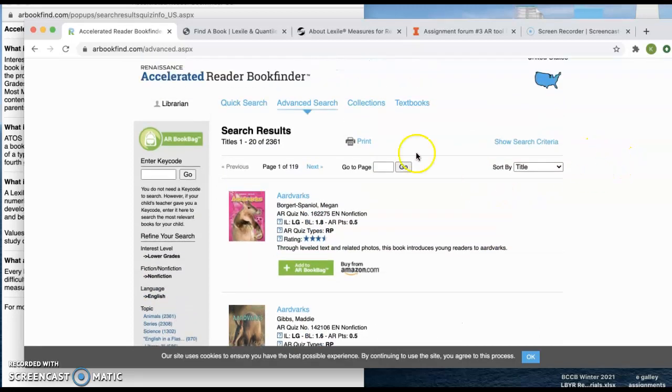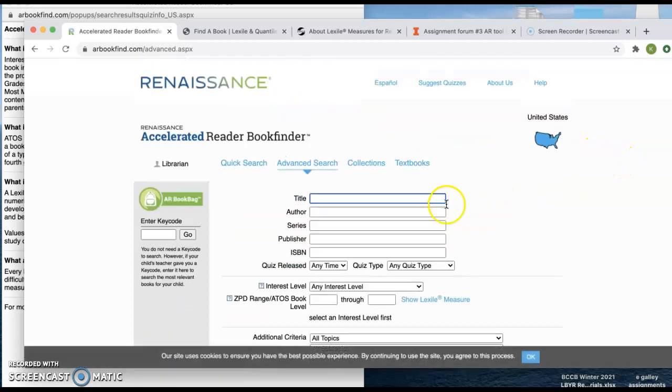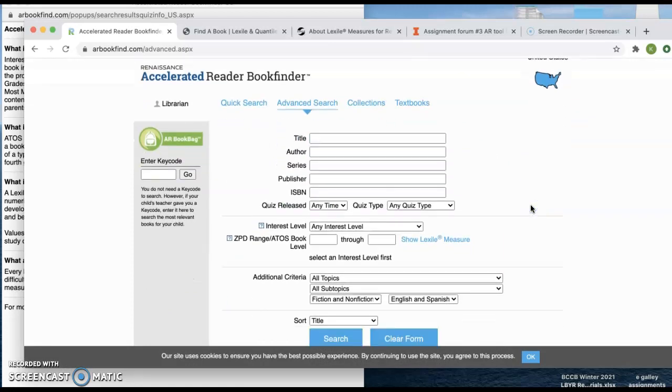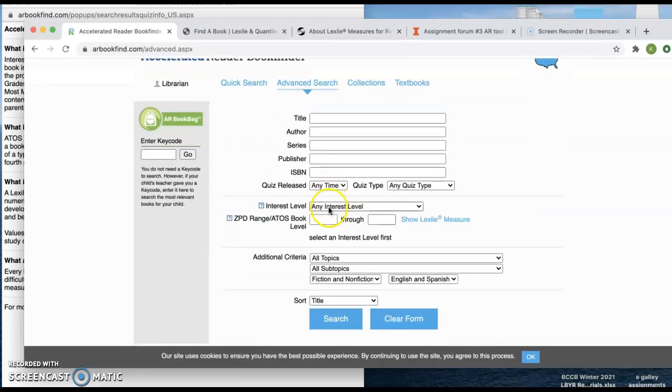So let's do just one more. Let's say that the kid is in, again, third grade, pretty much reading at grade level, right? So we're going to say something anywhere between 2 and 4.